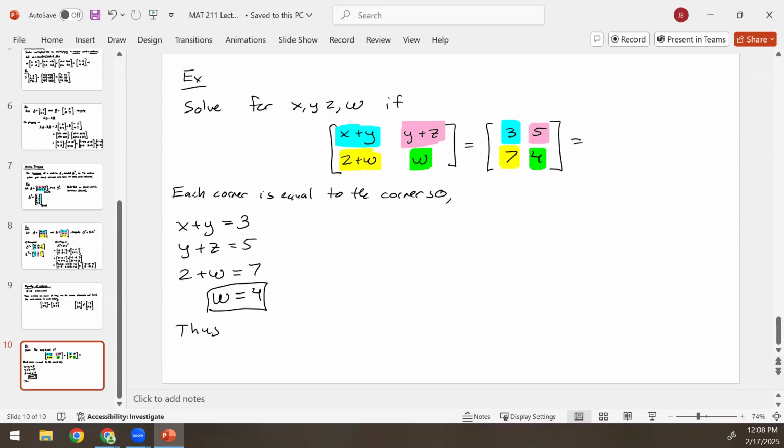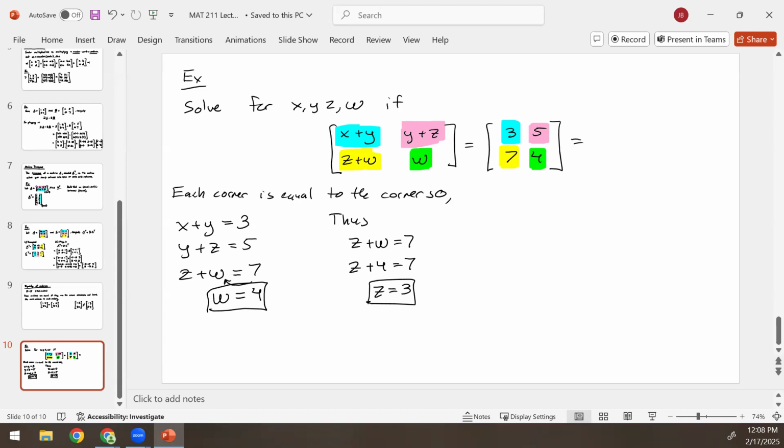Thus, we can plug this 4 into this w right here. So z plus w is equal to 7, so z plus 4 is equal to 7. So subtract the 4 over, z is equal to 3. Right? Now we got our next number.